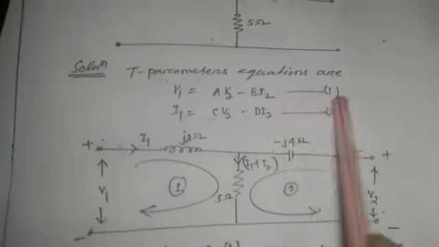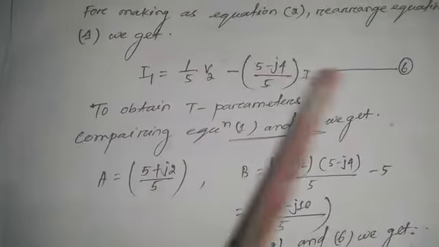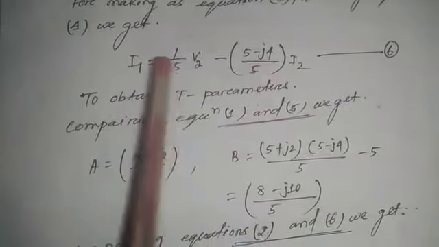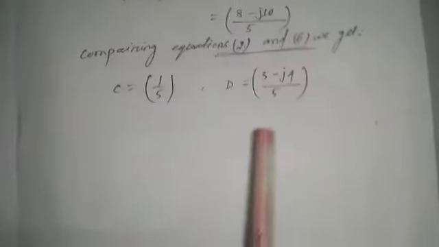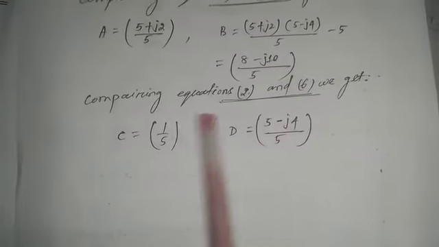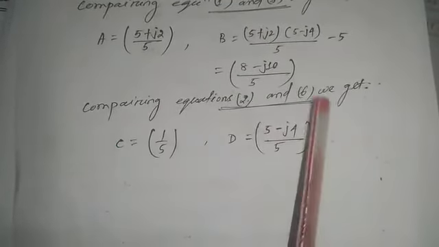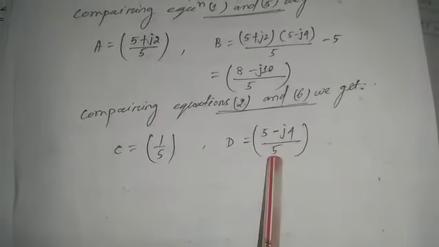Okay, similarly compare equation 2, I1 is equal to C V2 minus D I2, and equation 6, I1 is equal to this V2 minus this I2. Okay, then you can get C is equal to 1 by 5, D is equal to (5 minus j4) divided by 5. In this way, we can easily calculate the ABCD parameter or the transmission parameter or T parameter.